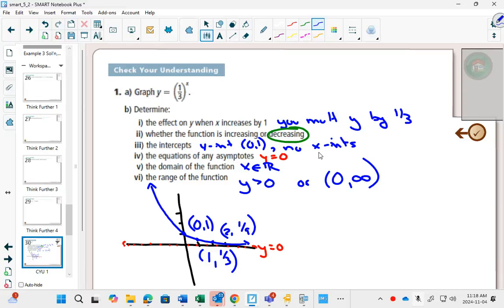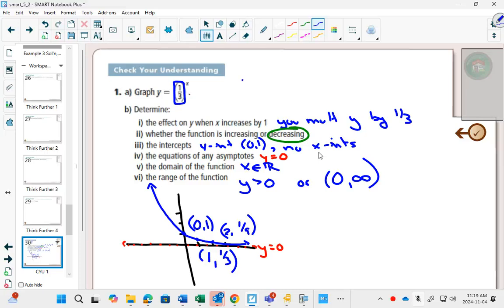And you will have to graph any exponential graph, and I can change this number in there to anything. And it's not hard, right? If I did 5 to the x, you'd have (0, 1) and (1, 5). If I had (1/8) to the x, you'd have (0, 1) and (1, 1/8). And some of them will be increasing.